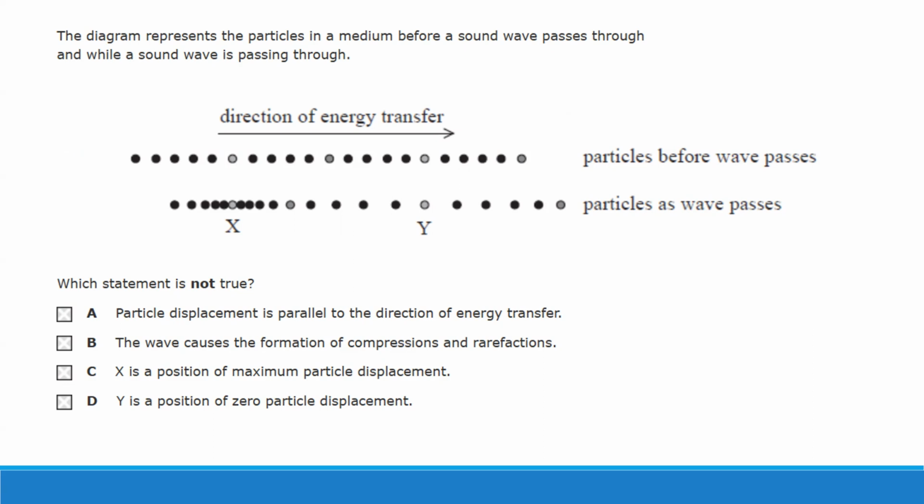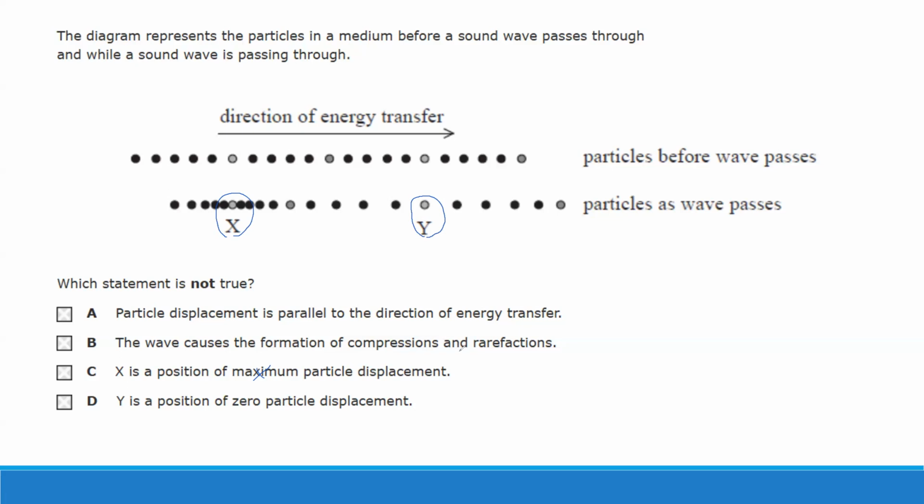It's also true. Good. Longitudinal waves have compressions and rarefactions. How about C? X. No, X is wrong, right? Good. What should it be instead of maximum? Minimum. Excellent. At compression, so at X, and at rarefaction, so at Y, the displacement is minimum or zero.